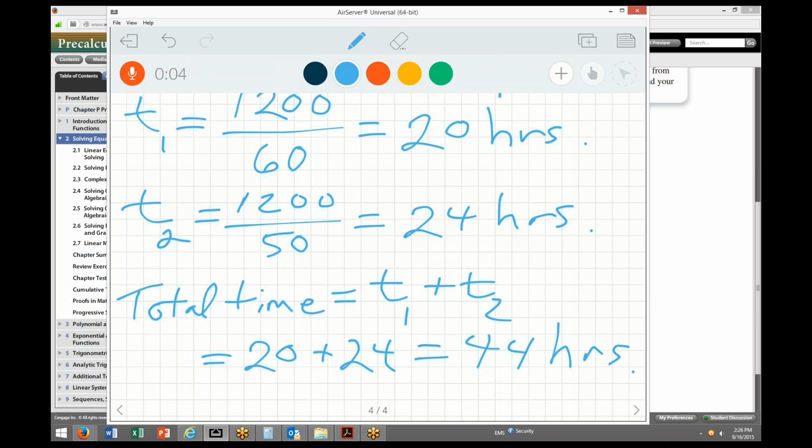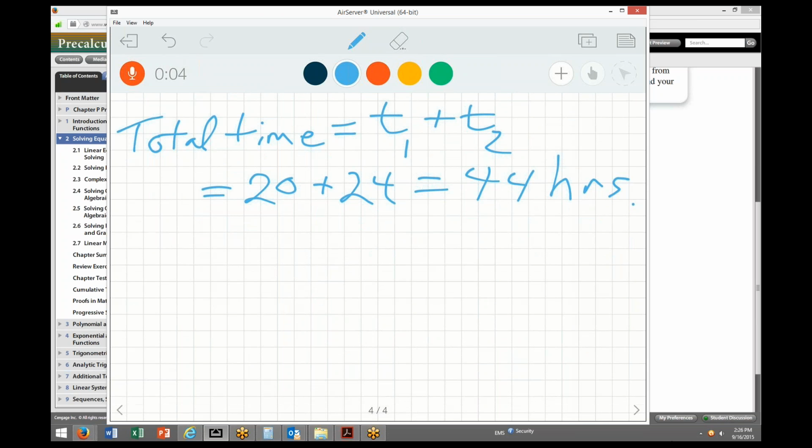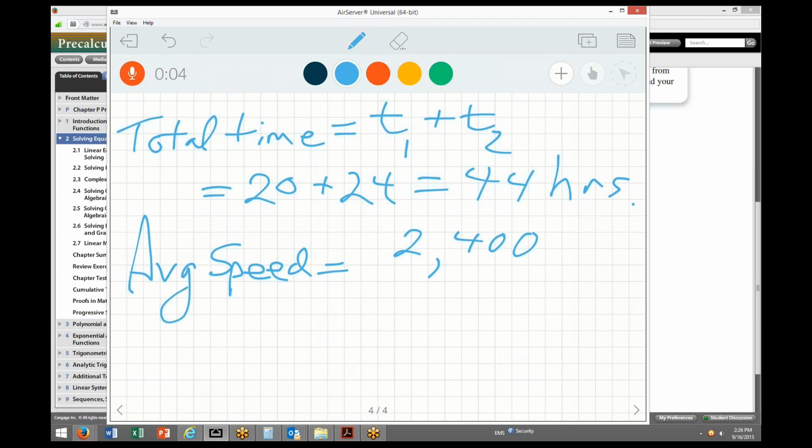So therefore, our average speed for the whole trip, remember average speed is just total distance divided by total time, is 1,200 miles out there and 1,200 miles back, so 1,200 plus 1,200, exactly 2,400 miles, divided by our total time of 44 hours.